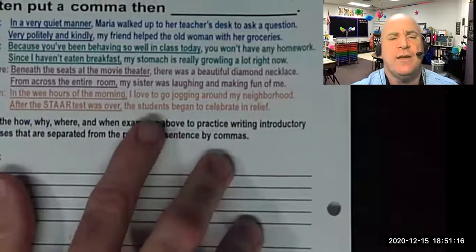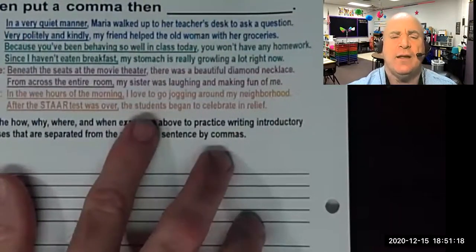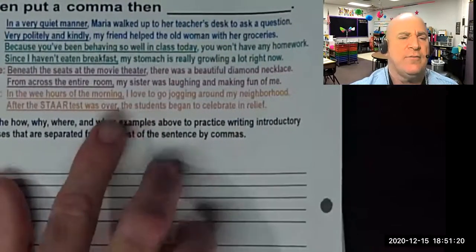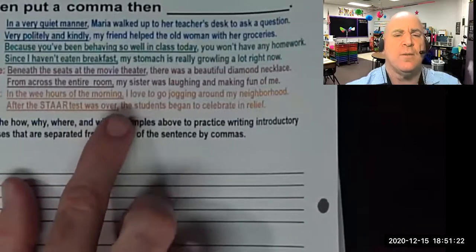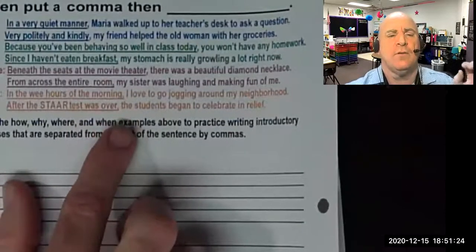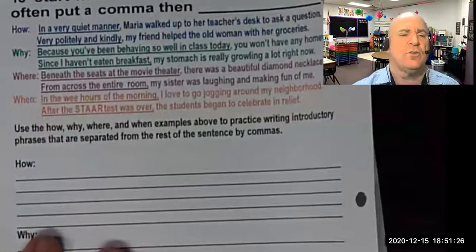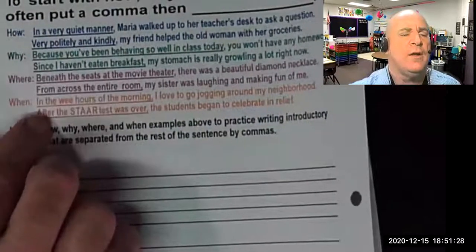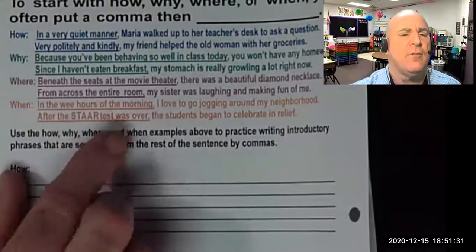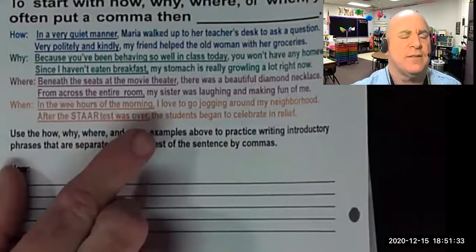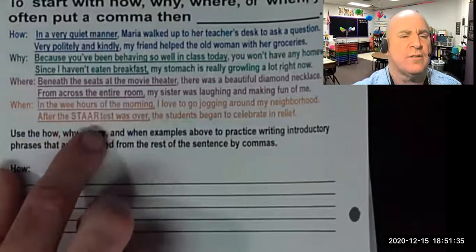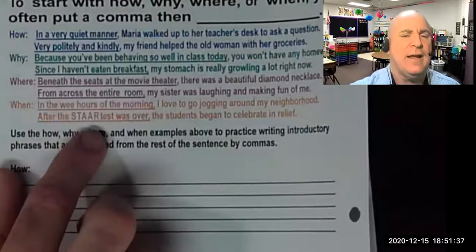Last one, traditional way, capital. The students began to celebrate in relief after the STAR test was over, period. Flip it to the front, when, to start with how, why, where, oh, when. You often put a comma then. The reason I say often is, like I said, if it's a short phrase.